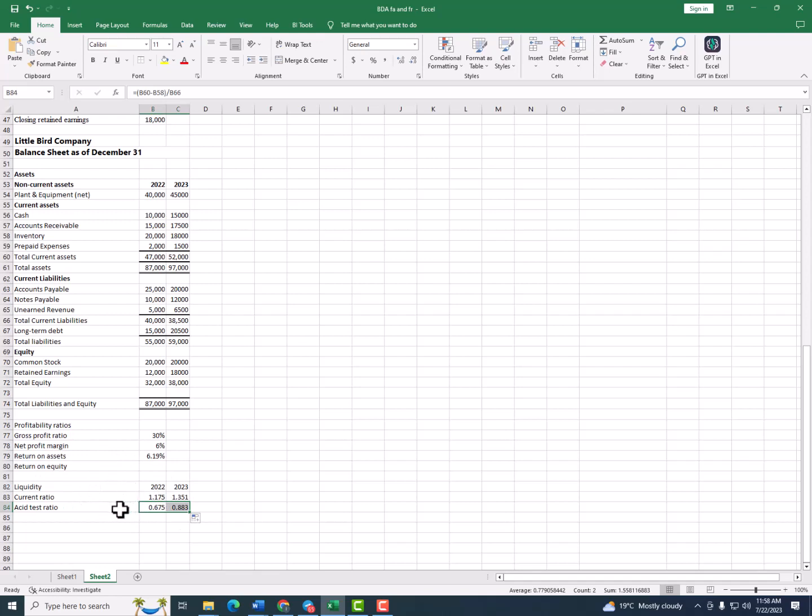So the next, we can be asked to interpret this data, and the way we interpret, for instance, we can see that the current ratio is more than 1 and it's increasing.